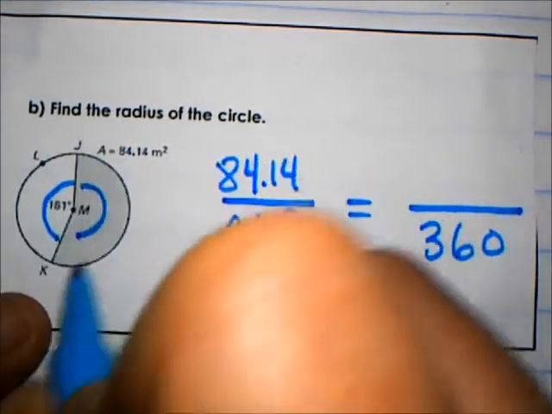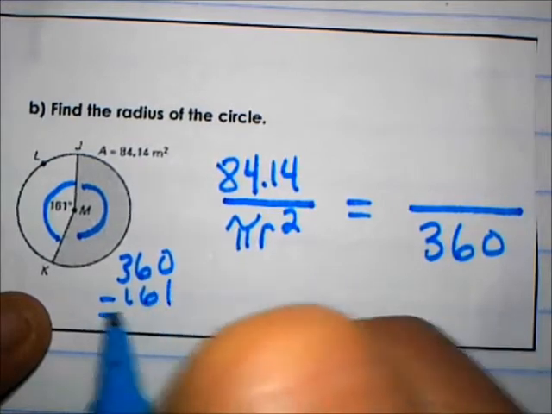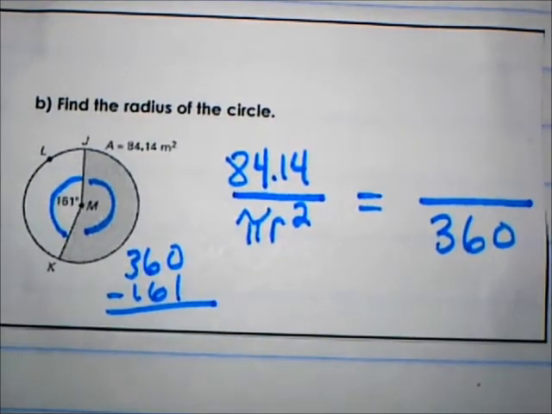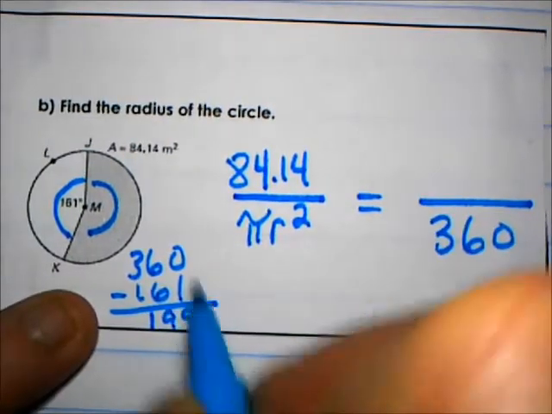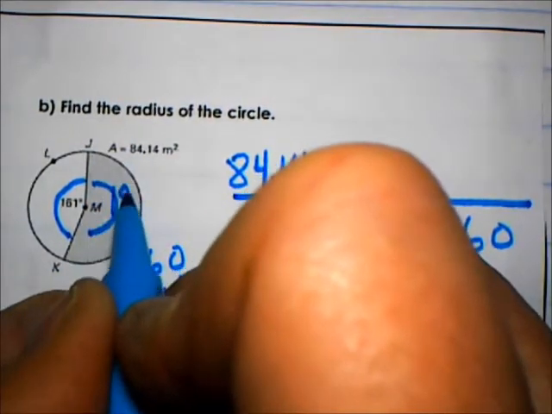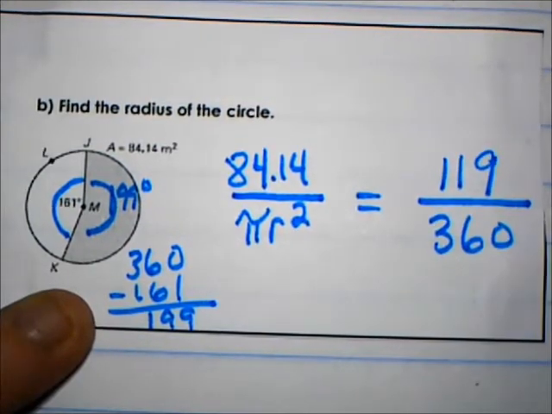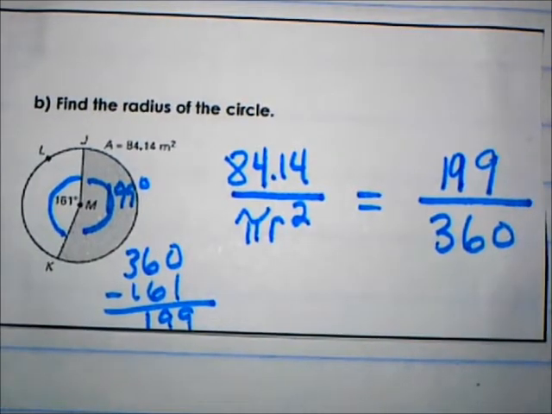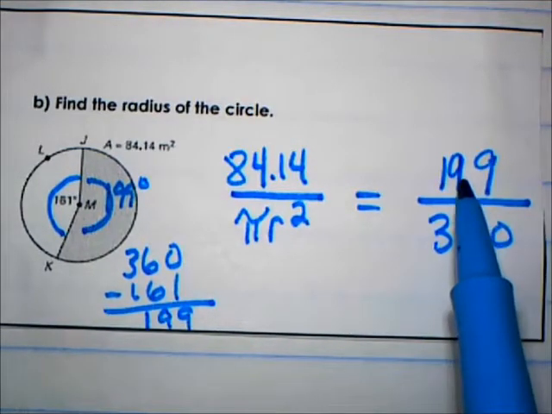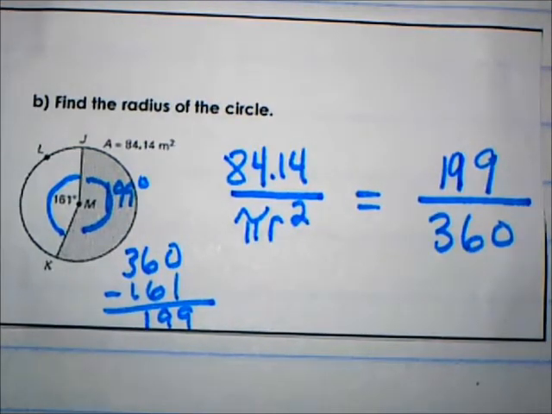To find that, remember, all the way around is 360. I'm going to subtract the 161, and that gives me 199. So this degree over here is 199 degrees. That is what I place on top of my ratio, because I want this ratio degree to be the shaded side of my circle.